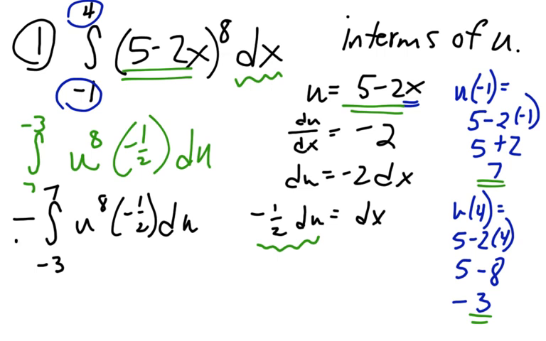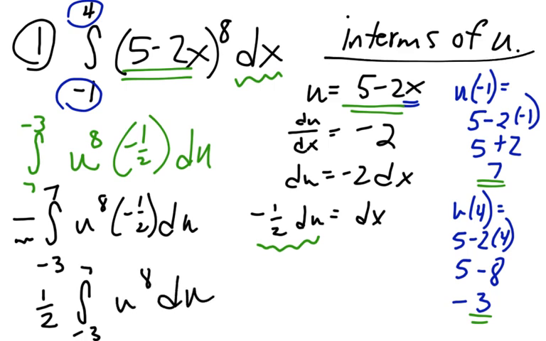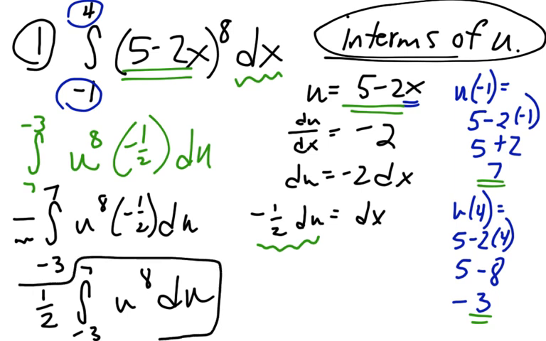That will be multiplied by the negative that's already here, so that's going to become +1/2 times the integral of -3 to 7 of u to the 8th du. And since this one was just saying to put this in terms of u, we can quit there. This is the answer to the problem. We now have an integral in terms of only u, and we're not actually going to evaluate it on this one.